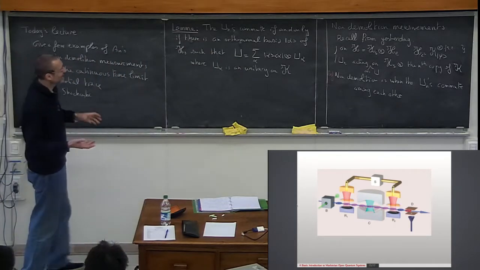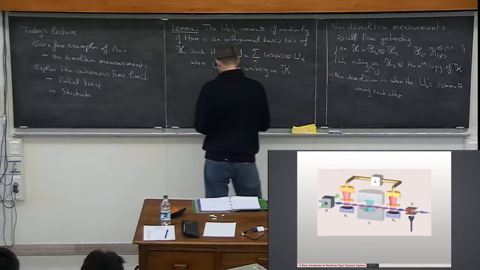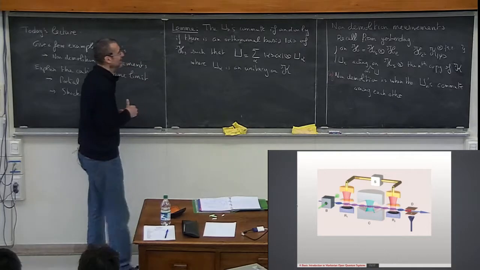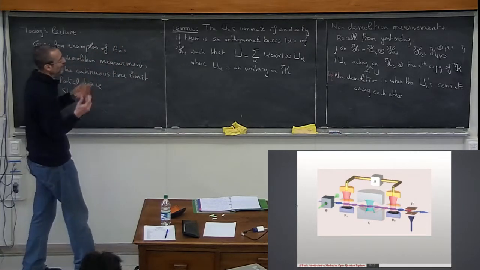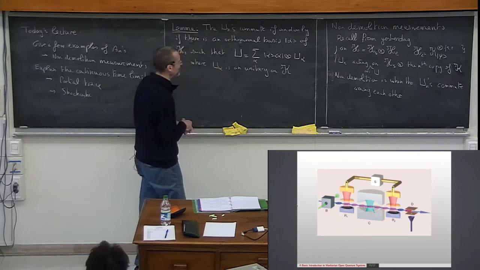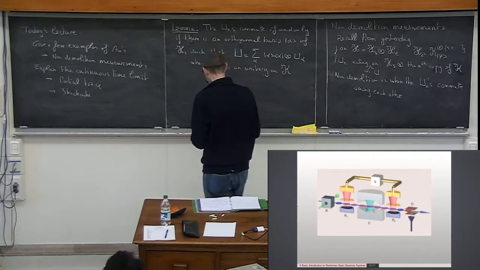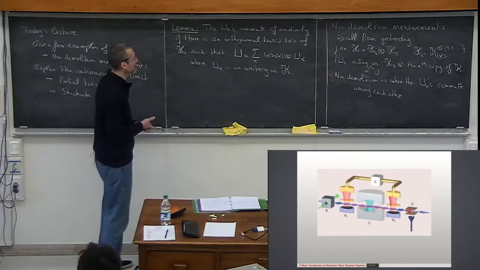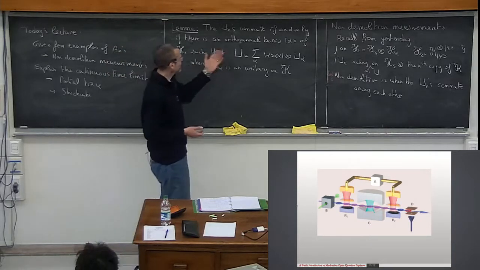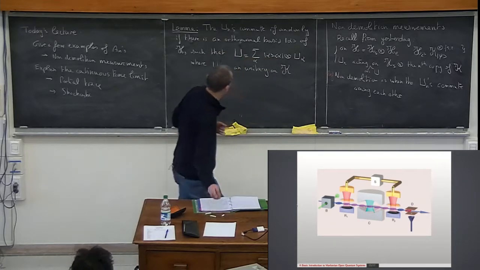This is the message. Okay, and it's not a very difficult lemma. You have to think about it and use the theorems you know in quantum mechanics. Okay, so this is the result, and now we would like to analyze it.